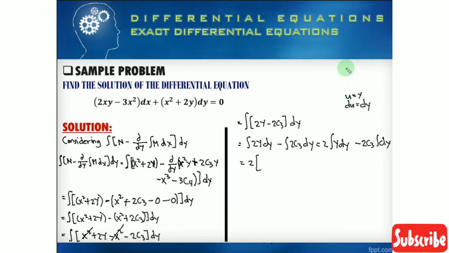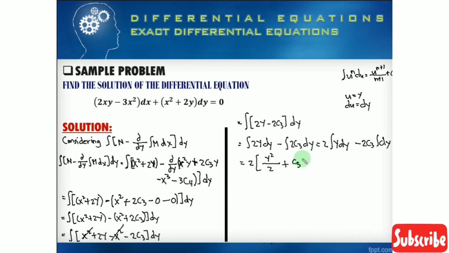Again, we use the integral of u to the n du equals u to the n plus 1 over n plus 1 plus c. So this is y squared over 2 plus our constant. Since we already have c1, c2, c3, and c4, we assign this as c5.